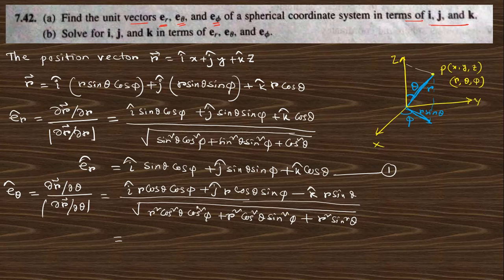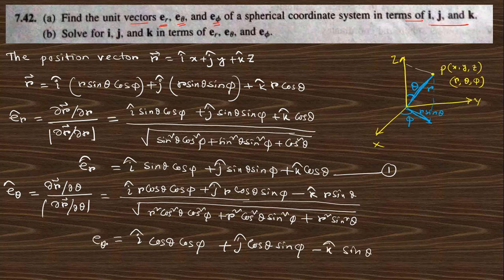So cos square theta plus sin square theta gives 1, and the denominator gives r, which cancels out. So we get i cap cos theta cos phi plus j cap cos theta sin phi minus k cap sin theta.